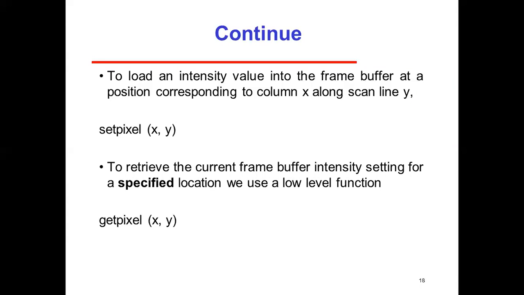Here we can give the values to X and Y, and similarly we can choose the pixel or the point on the XY plane. Similarly, to retrieve the current frame buffer intensity, there is another command in computer graphics, getPixel(x, y). So we use these two commands, setPixel and getPixel.